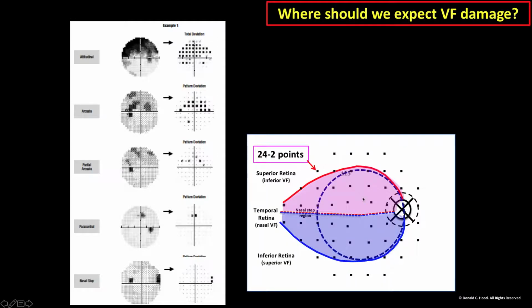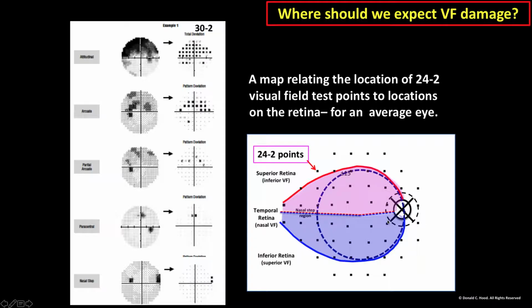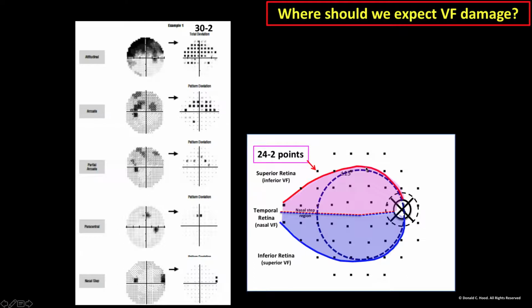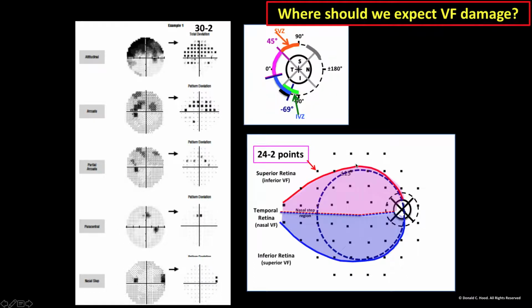Well, here's our model for the temporal half of the disc. This is the region of the field and the region of the retina associated with the temporal half of the disc. And superimposed is a map relating the location of the 24-2 points for an average eye. So let's relate this to our model here.